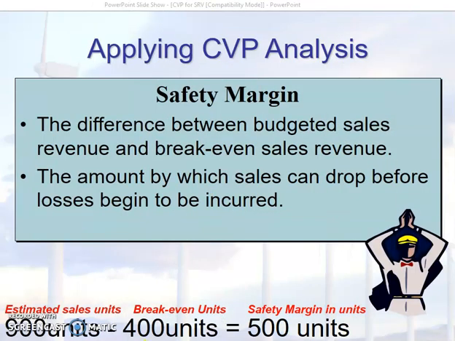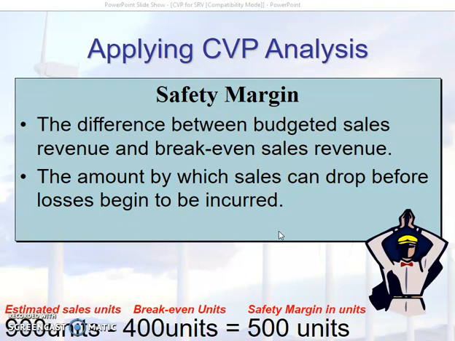All right, so we have established a couple of pieces of information so far with regard to the surfboard company. The first thing is we know that we have to sell 400 surfboards to break even. And the second thing that we know is if we want to make $100,000, we have to sell 900 surfboards. So now we're going to introduce this concept called safety margin.